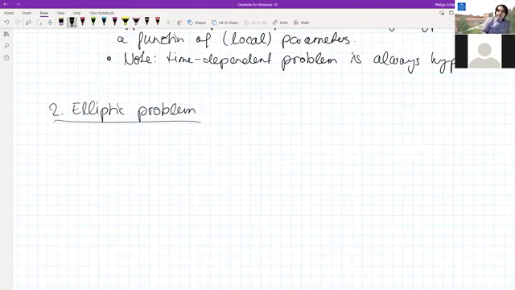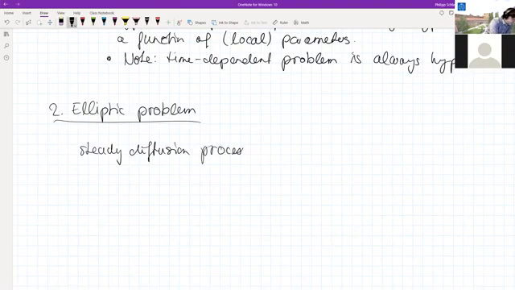So what are elliptic problems? These are typically steady diffusion problems or processes. Because it's steady, there would be immediate interaction between all points.